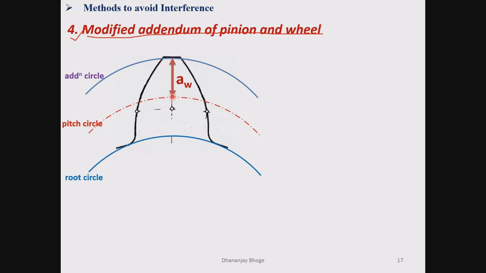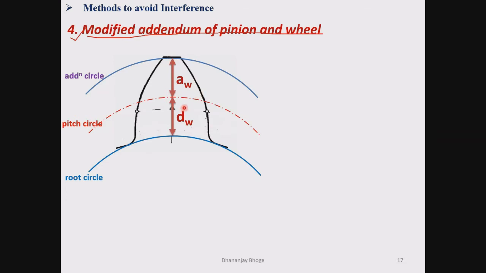Radial height of the tooth above the pitch circle is called as addendum, or the distance between pitch circle and addendum circle measured radially is called as addendum. So I have shown here AW, addendum of gear wheel.